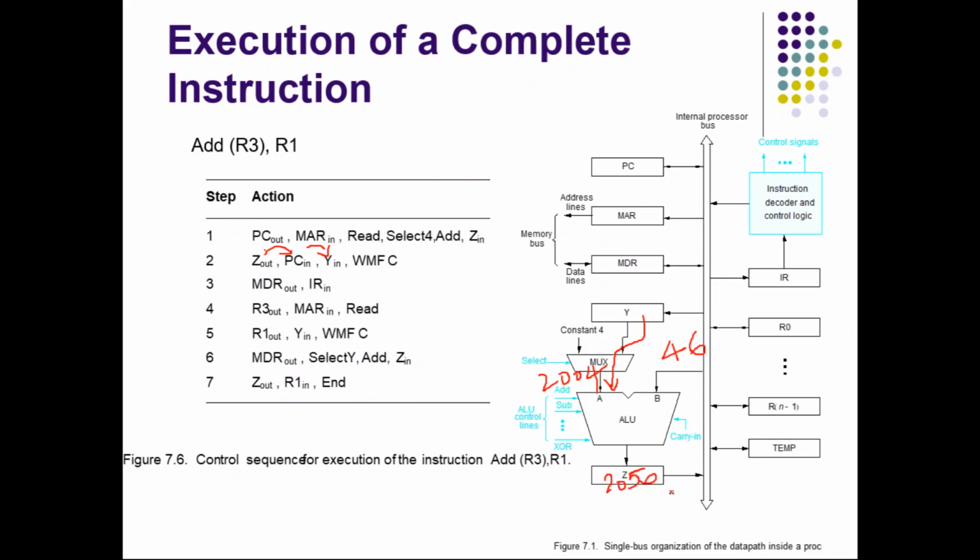That will go into the system bus, and from there it will again get into PC in. So PC in will become 2050, which means the next instruction executed will be at 2050.